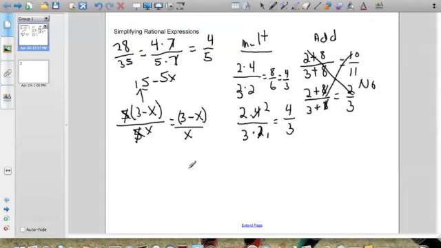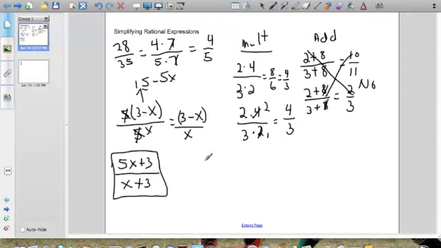Now let's look at another one that's already factored. Let's say I have 5x plus 3 all over x plus 3. In an example like this, I have to ask myself, x plus 3 is as simple as it gets. It's factored. 5x plus 3 is as simple as it gets. I can't factor anything out of it. So this one is already simplified. Sometimes that's going to happen.